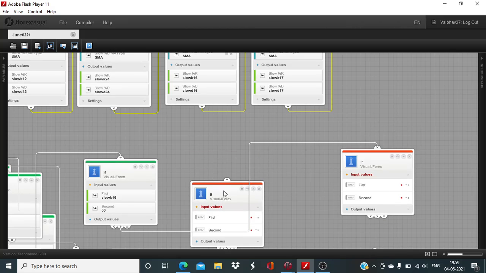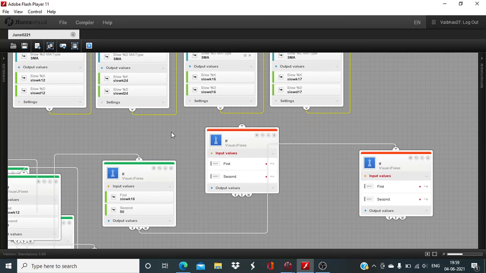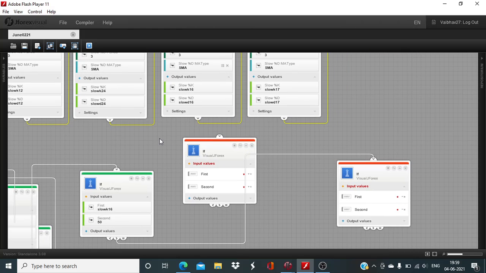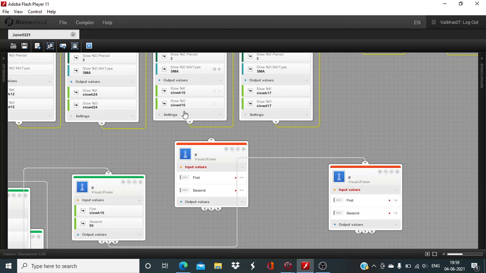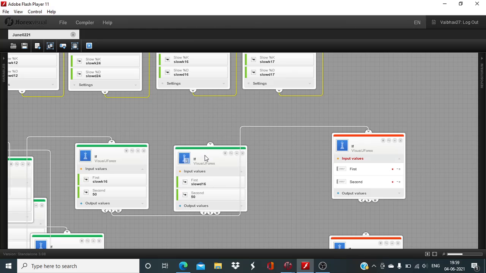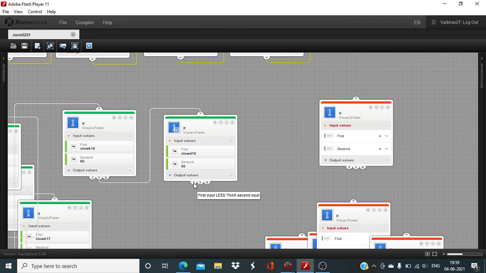But as a matter of symmetry, I will add it. But now I'm realizing the earlier mistake. So just clarifying. First input less than second input.